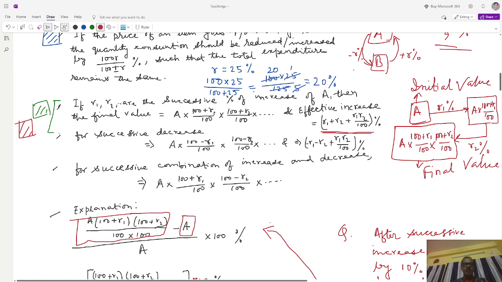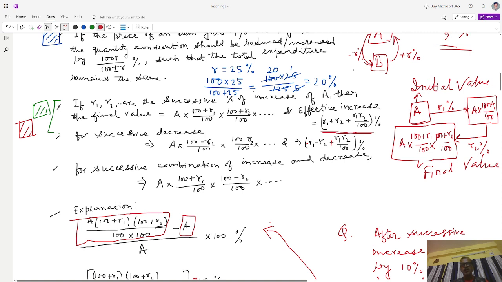For successive combination of increase and decrease, here R1 is increased, R2 is decreased. So the value will be A into 100 plus R1 divided by 100 into 100 minus R2 divided by 100.